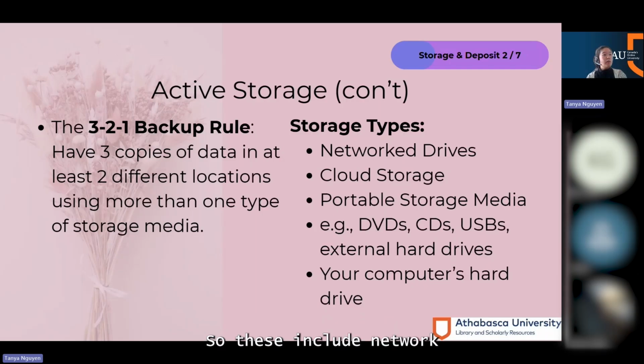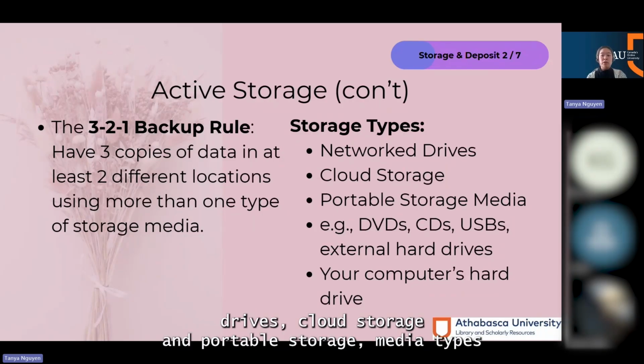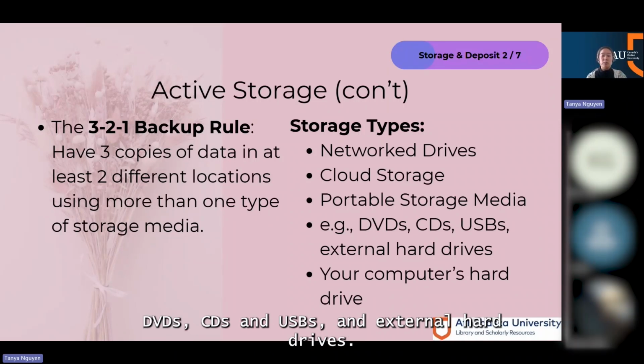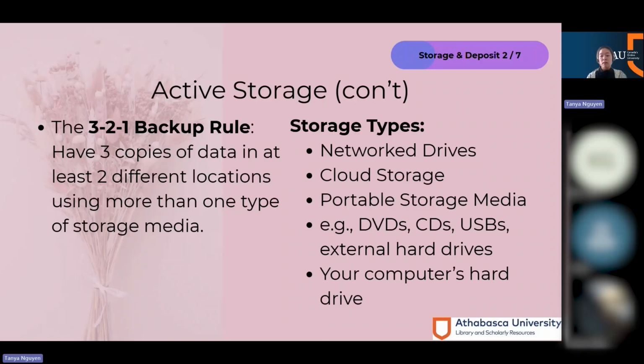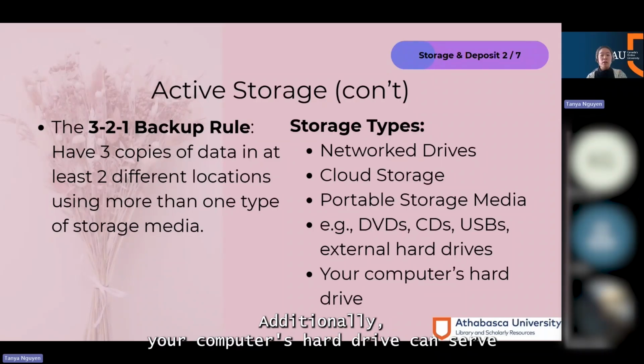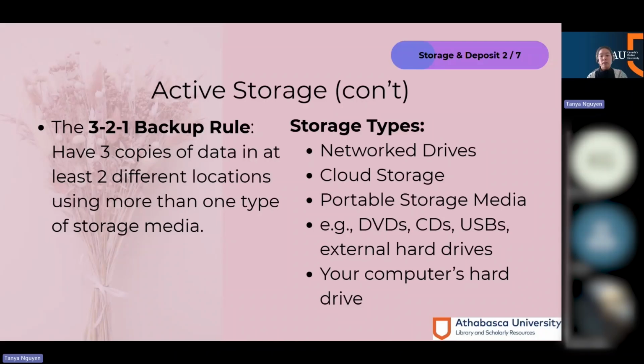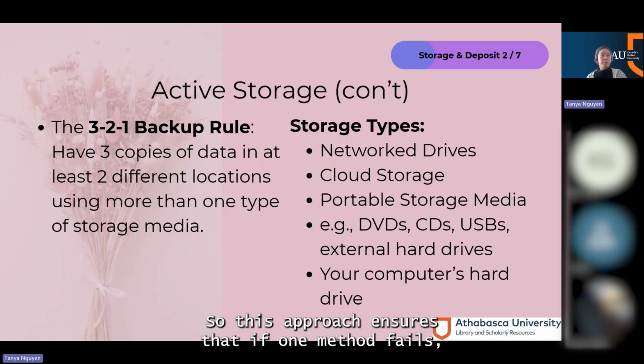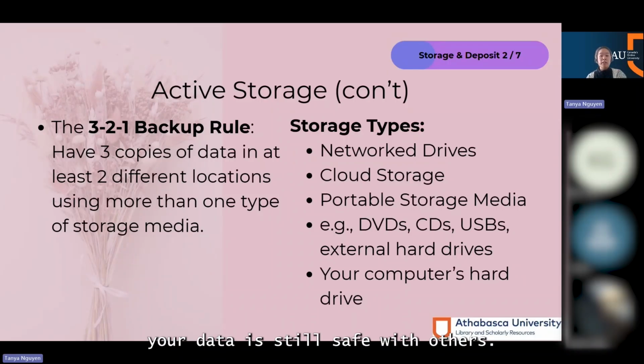These include network drives, cloud storage, and portable storage media like DVDs, CDs, USBs, and external hard drives. Additionally, your computer's hard drive can serve as one of these storage locations. Remember, diversity in storage types adds an extra layer of security. This approach ensures that if one method fails, your data is still safe with others.